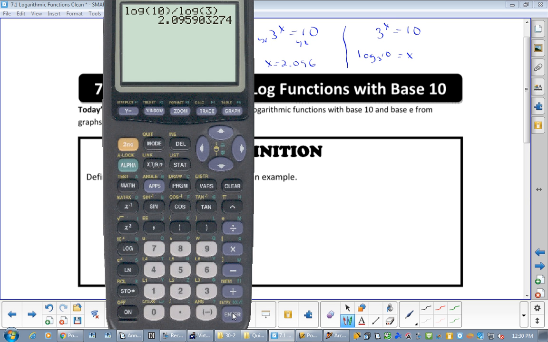Up to now, your whole grade 1 to 11, the only way you've been able to find exponents is by guessing and testing, and then y1, y2. The problem with y1, y2 is it needs graphing, okay? And the actual answer is this.